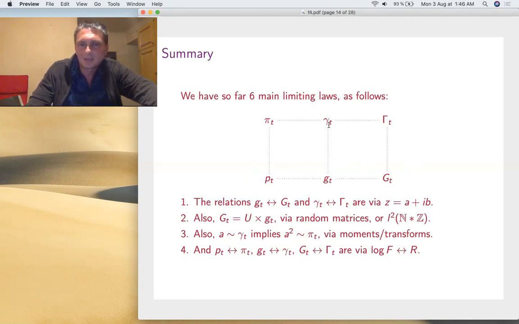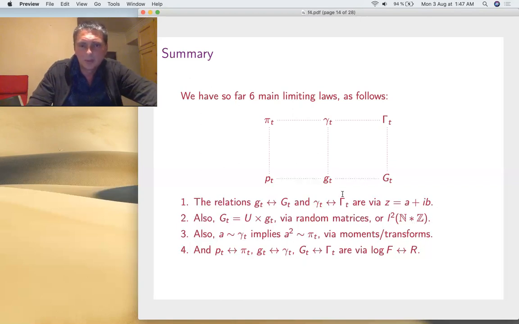So there's an extra relation here, which is not exactly this complexification, it's something different. It's a polar decomposition. The polar part of a circular variable is Haar unitary, and the modulus is this. And you can prove it either with random matrices or this kind of Fock space type group monoid things.